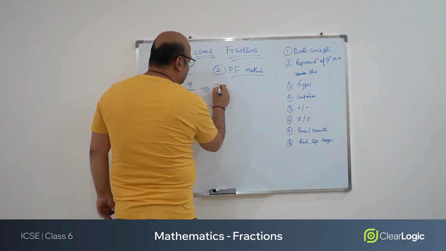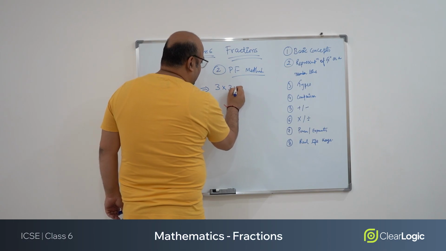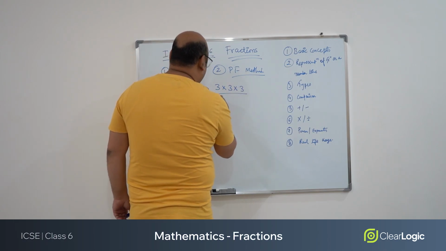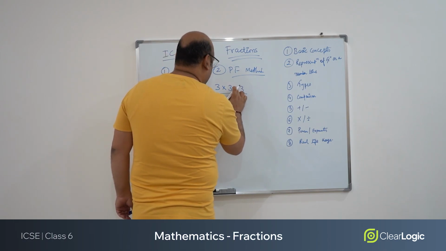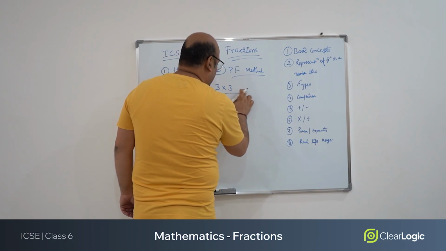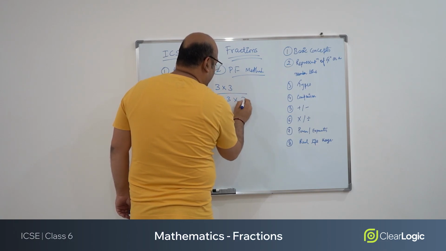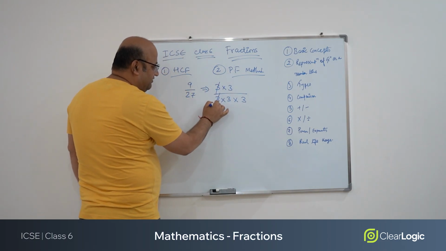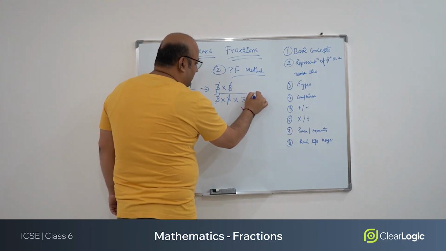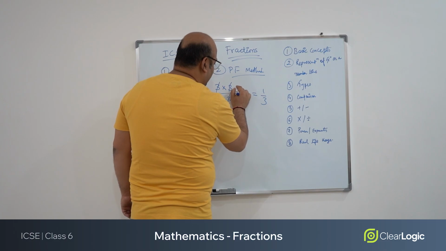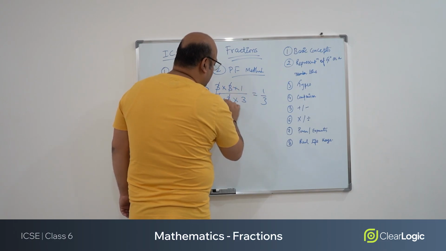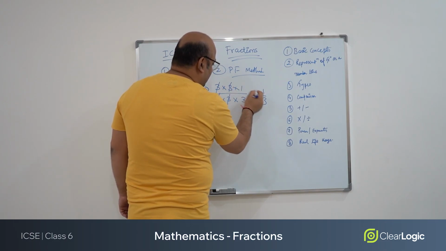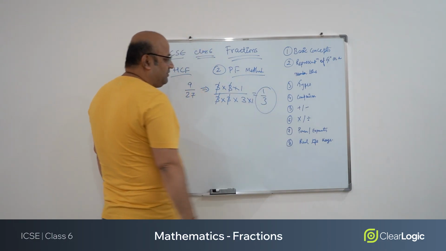So it's 3 multiplied by 3, and for 27, 3 multiplied by 3 multiplied by 3. Here 3 will be cancelled, 3 will be cancelled, and we'll get 1 by 3. The rest will be 1, obviously. 3 into 3 into 1, 3 into 3 into 3 into 1. So 1 by 3. Okay. So this is how you'll be calculating.